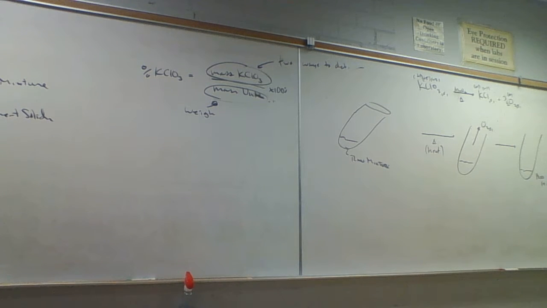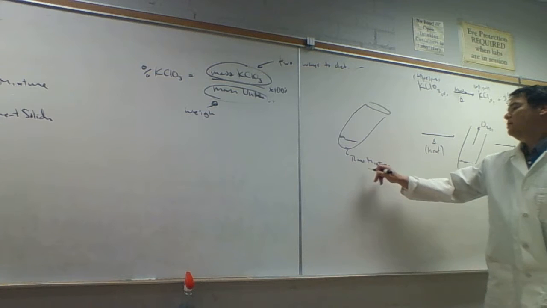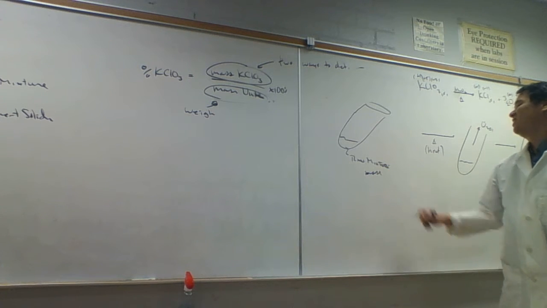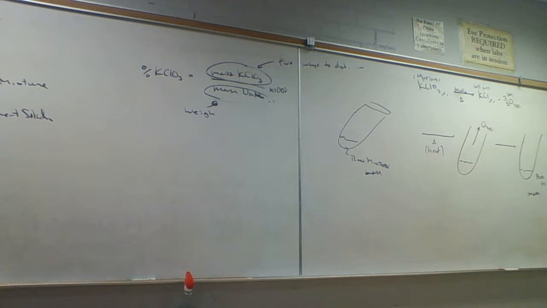So the difference in mass between the product mixture and the reactant mixture is going to be the mass of the O2. Because atoms are neither created nor destroyed, the mass of the oxygen produced is going to equal the mass of the product mix minus the mass of the reactant mix.